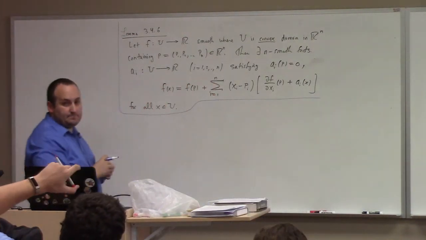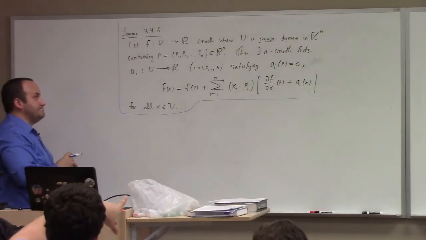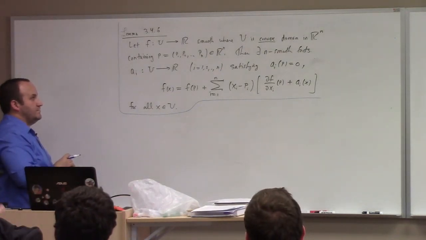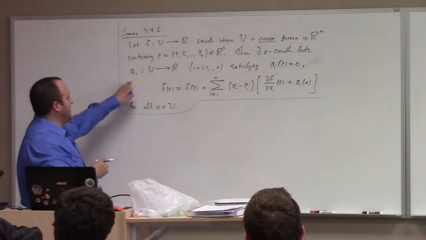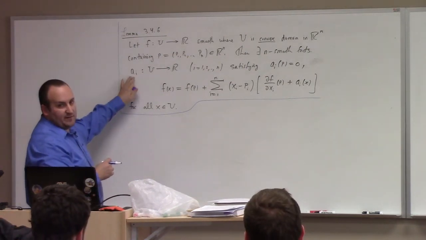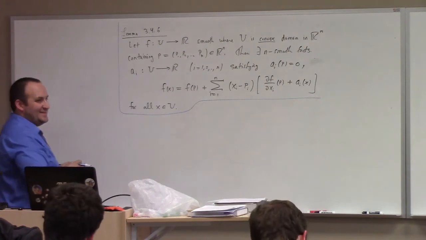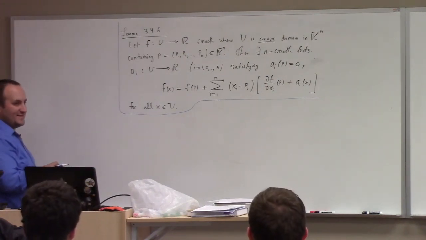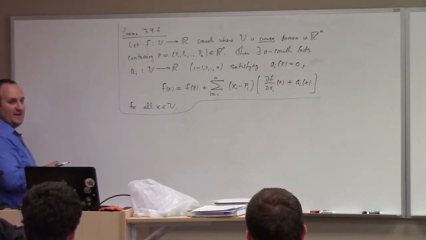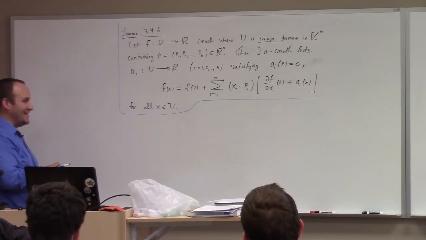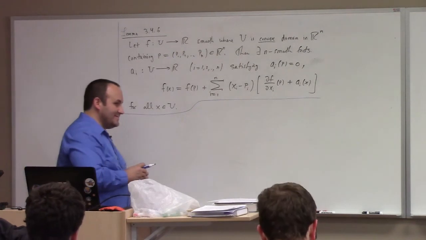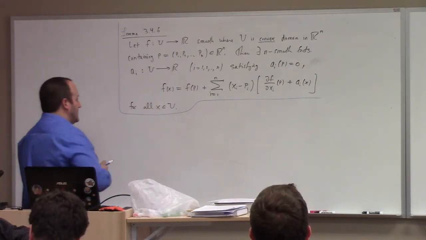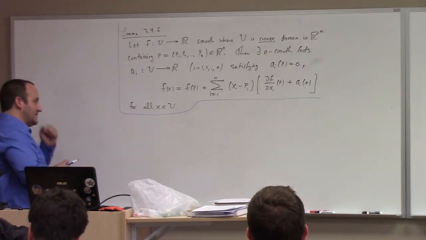When you say then there exist n smooth functions, is that like n smooth functions or n smooth? n smooth functions, a1, a2, a3, a4, a5, n of them. They're all smooth. Smooth means infinitely differentiable. Smooth means arbitrarily many derivatives exist and are continuous.